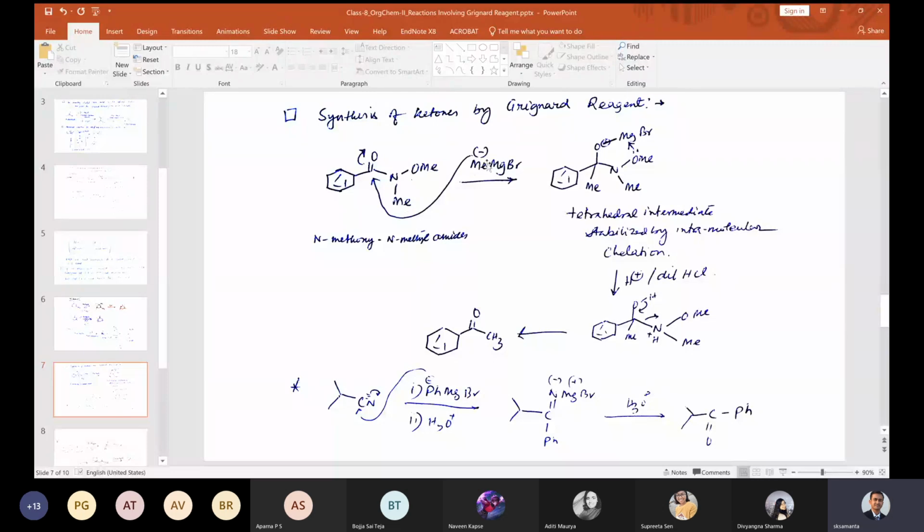In this case, methyl magnesium bromide attacks there, and this forms chelation with this magnesium. After protonation, this N will get protonated and become a good leaving group, and this H will come, so it forms a ketone here. So from this sort of amides, you can form a ketone.